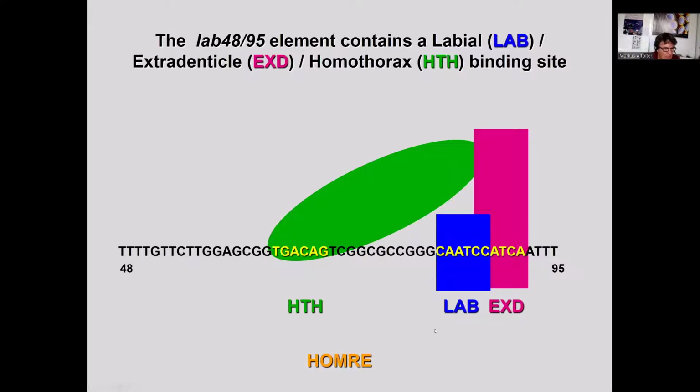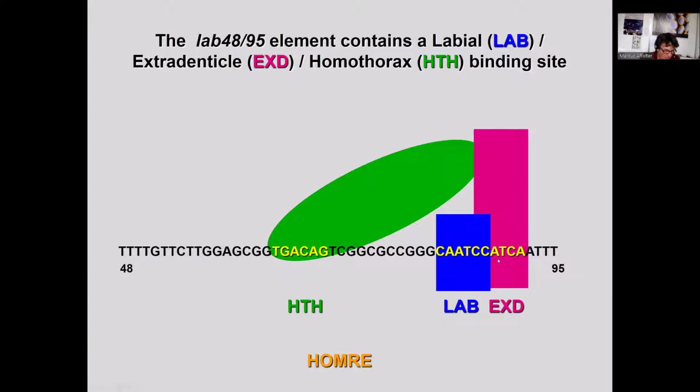When I showed this sequence to Richard Mann, he said, this is funny, it looks a bit like a labial binding site, this thing here. So we started to do a lot of mutagenesis and biochemistry, and indeed, labial, a homeodomain protein, with a DNA binding domain, bound here, but then an AAT sequence, you have it everywhere. Richard Mann, in the meantime, realized that labial never binds without EXD. This is a dimer, a heterodimer.